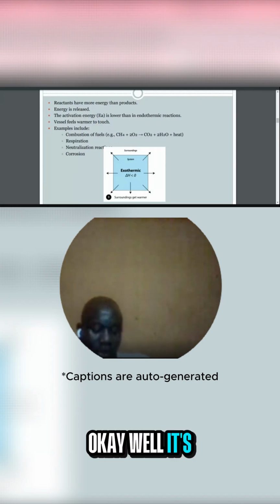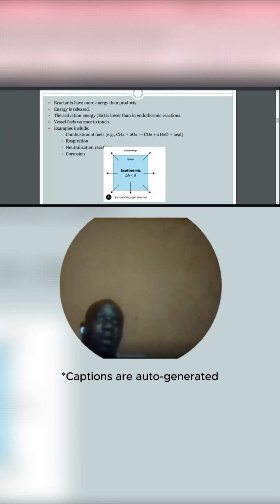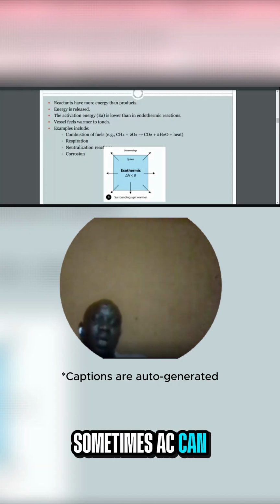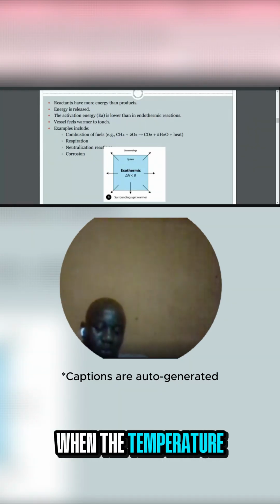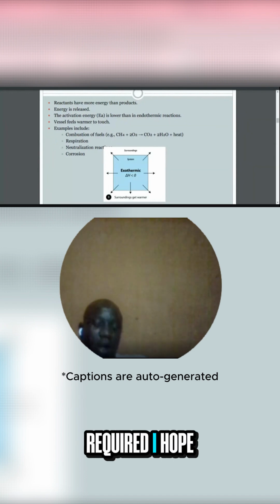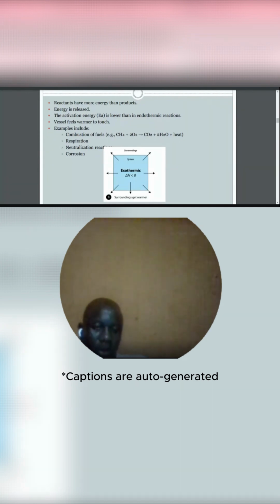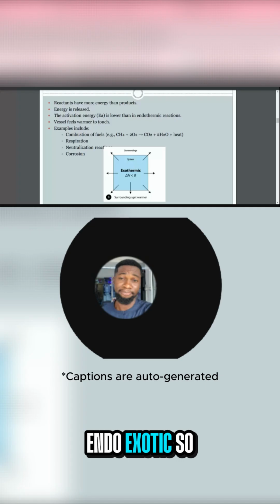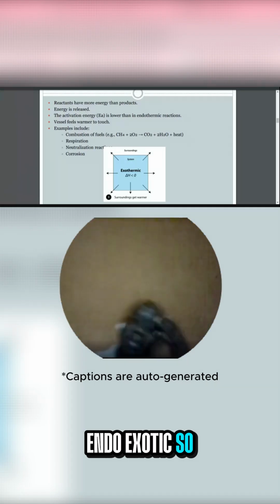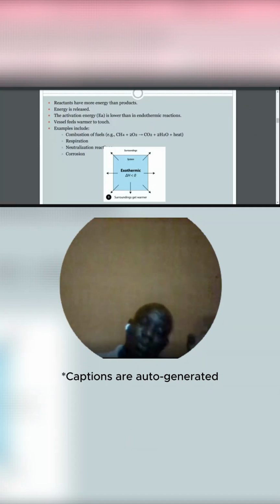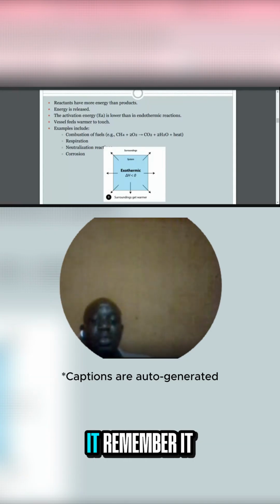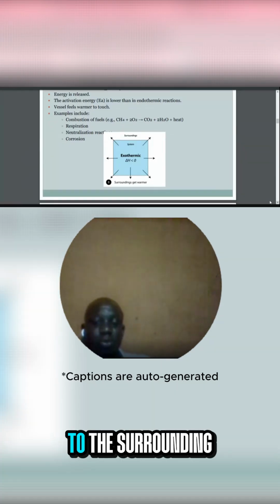Because it's taking it from the surrounding, endothermic. But sometimes an AC can also release heat when the temperature is lower than required. I hope you know that. That's exothermic. So for an exothermic reaction, heat is released to the surrounding.